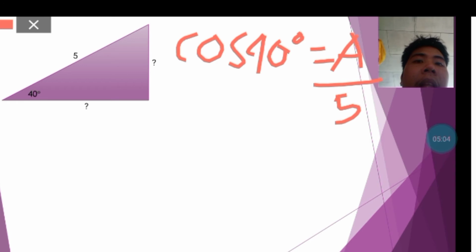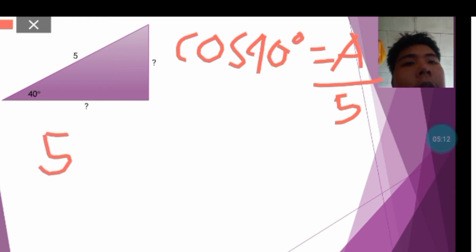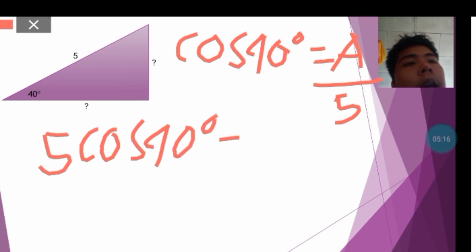Same procedure as when we found the opposite side: we cross multiply. So I have here 5 cos 40 degrees equals A, or x.